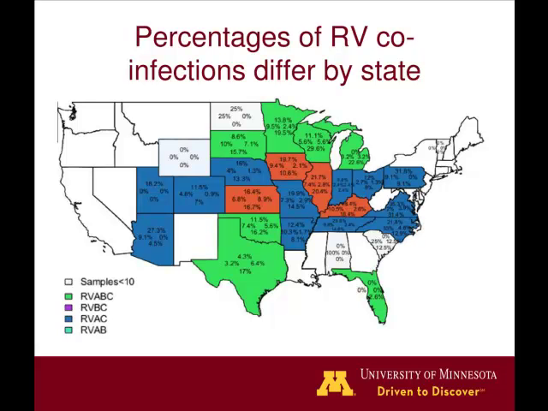What we're seeing in our diagnostic samples that come into the diagnostic lab: Minnesota, Wisconsin, and Texas, when we test a diagnostic sample, it's most likely going to be co-infected with all 3 of the rotavirus groups, whereas the states represented in blue have co-infections of rotavirus A and C, and the red regions are co-infected with rotavirus B and C. So we're seeing a lot of co-infections in the state of Minnesota, some more down in Texas, but every state has a variation that's occurring in all these rotaviruses that are infecting in each of the farms.